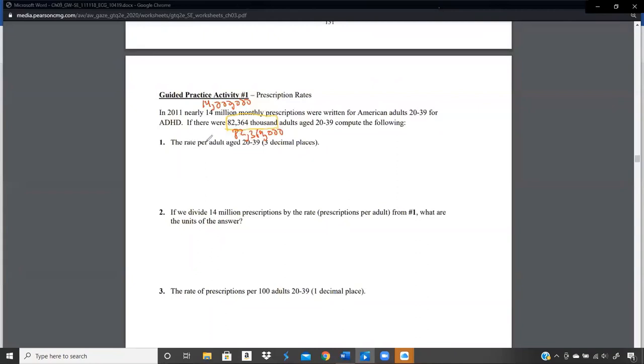So they want to know, what is the rate of prescriptions per adult in the age range? So we're going from the rate of prescriptions to number of adults. Rates are fractions of two different types of units. The rate of prescriptions, they don't actually use the word prescription here, which I think is poor form on their part.